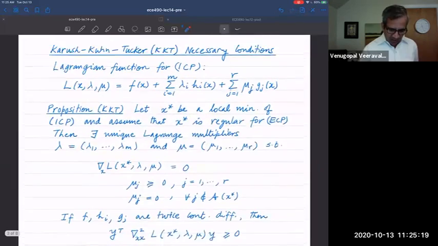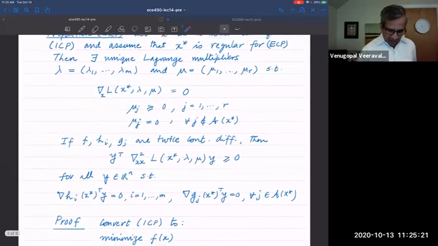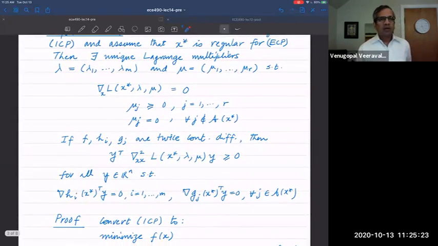So this is the key result, and we're going to go over the proof of this result. It's going to take us a little while, so we'll spend all of the remaining lecture proving this. But it's a complicated proof, so I don't expect you to necessarily get it in one try.